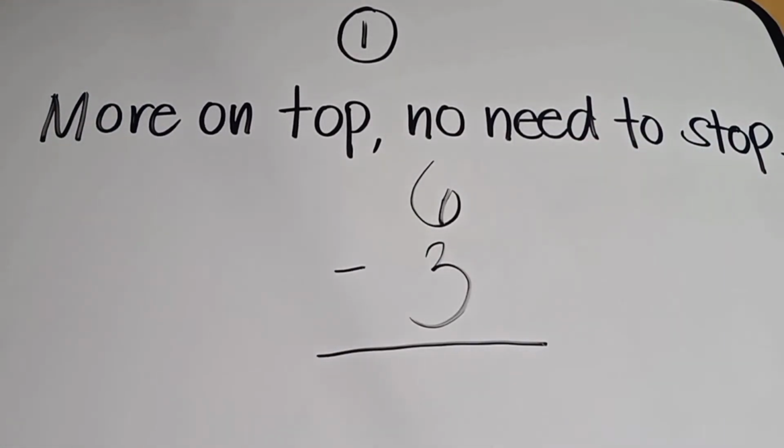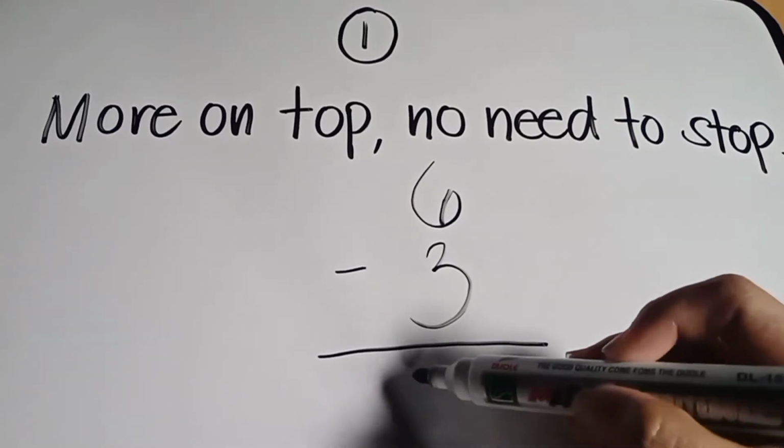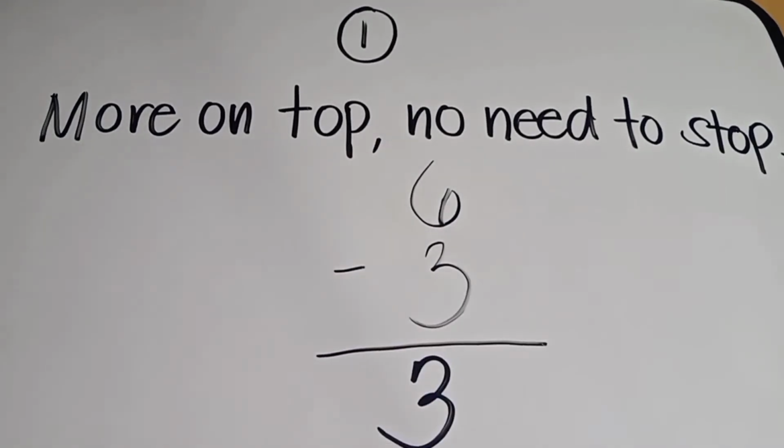We always look at our minuend. If the minuend is greater, we don't need to stop to compute it, okay? So, 6 minus 3, or 3 taken away from 6, the answer will be 3. That's our tip number 1: more on top, no need to stop.